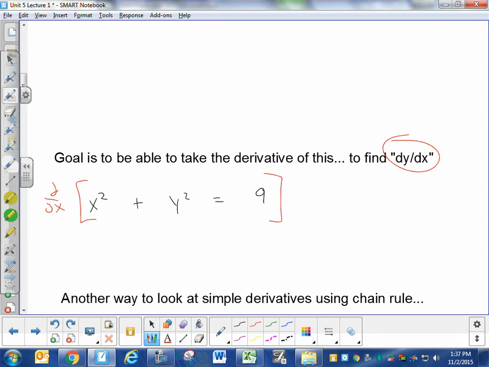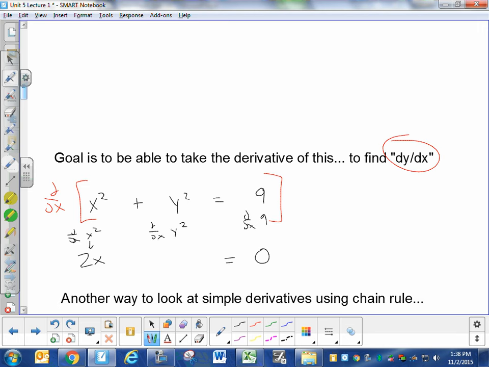Okay, and we're going to just take the derivatives like normal, only it's a little bit more complicated, just a little bit. Like the derivative of x squared, you know that's easy, that's just 2x, right? And the derivative of 9, you know this one, that's 0. What do you think the derivative of y squared is?